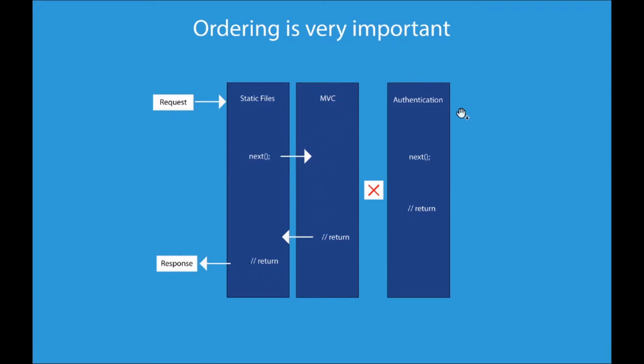Now this authentication, which you forgot to add before, is added at the end. Your authentication middleware will never get activated and the authentication of your web application will never happen. So as you can see, this very good looking cross here indicates that your request and response never reach this authentication, and your application is always serving all the files to the request generating application or the user. Okay, so this is why you should keep in mind that the ordering of middleware is very important.